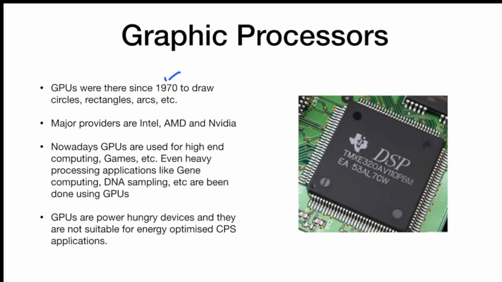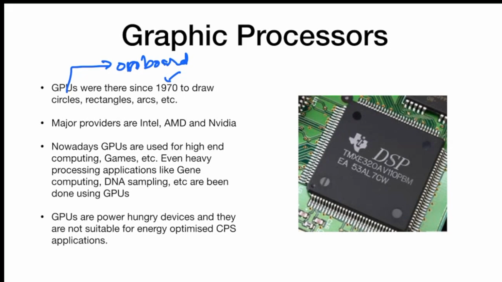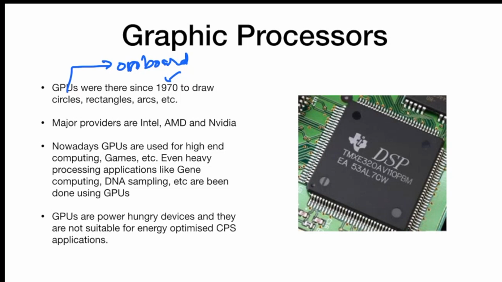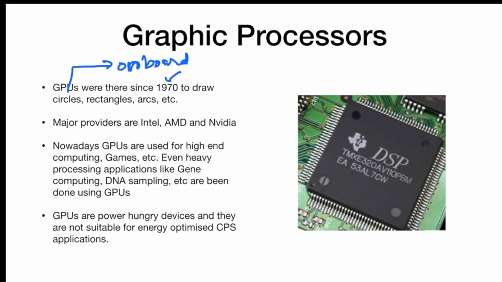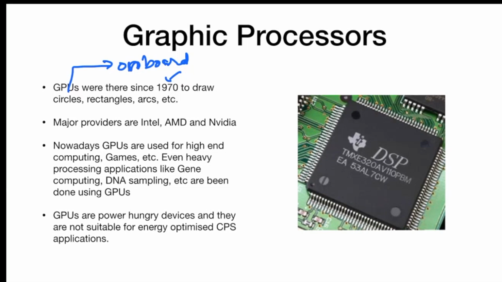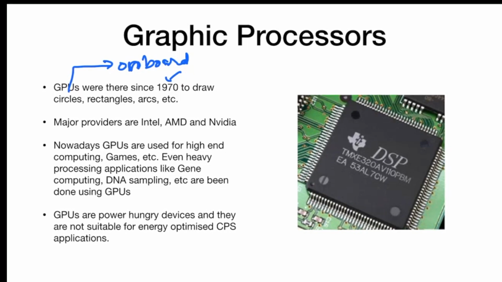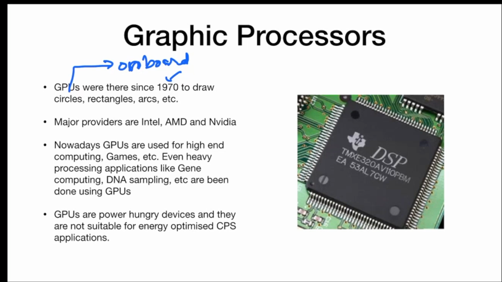But usually GPUs were on board, so there was no separate memory for them. Even GPUs used the same memory from your RAM, taking some part of the RAM and using it. But later on, AMD and NVIDIA brought separate RAM and a separate processor for the GPU. Earlier days, it was not like that. That's how the GPU has evolved.